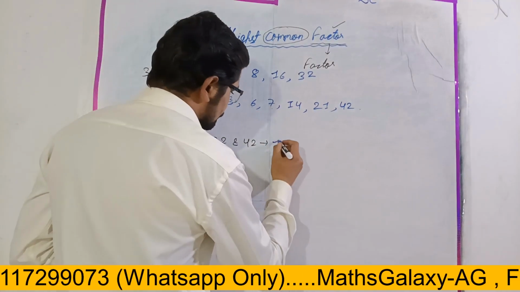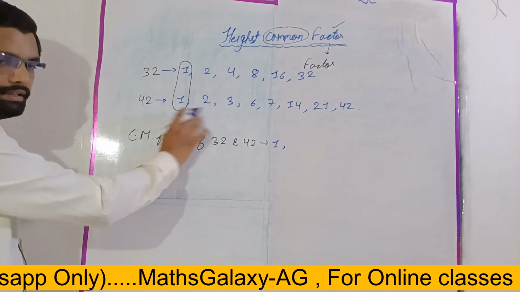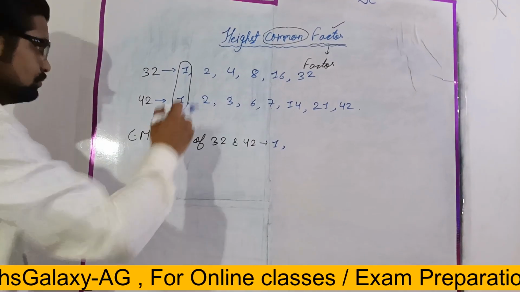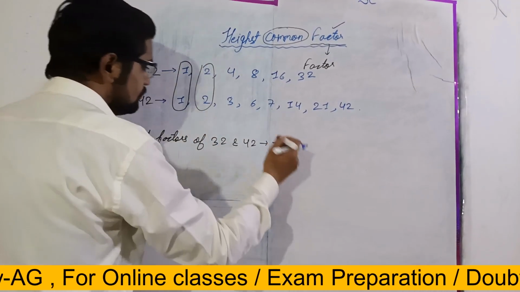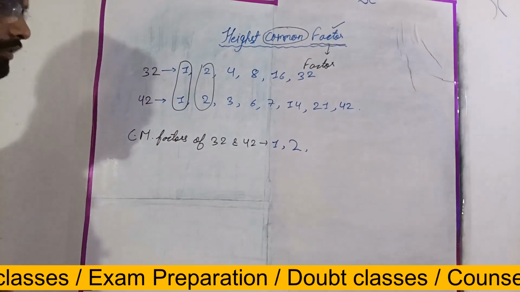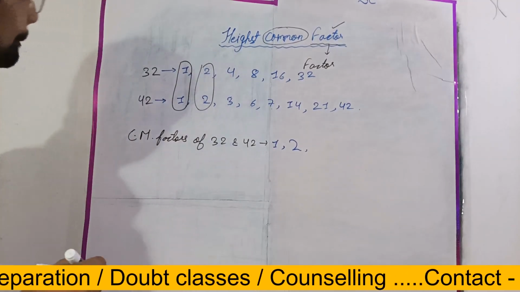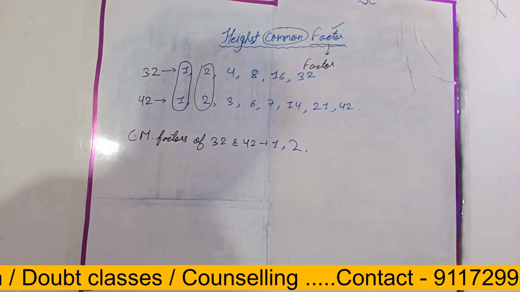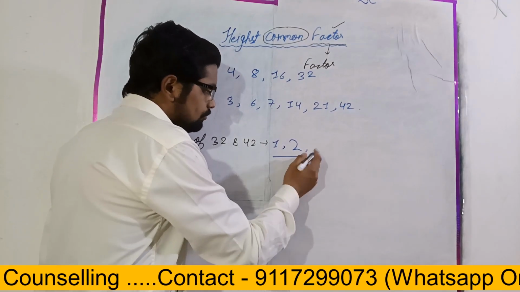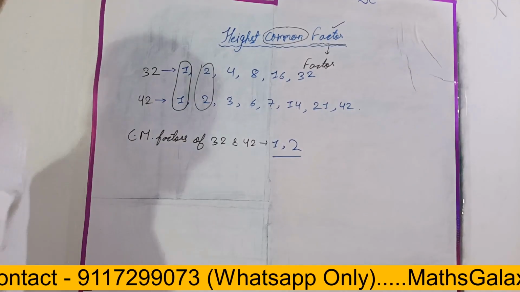After this, see the list of numbers. 2 and 2. The second number is 2. So here we will write 2. That's it. As you can see here, we get two common factors for 32 and 42, right?